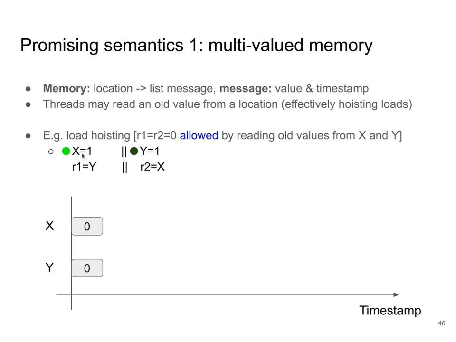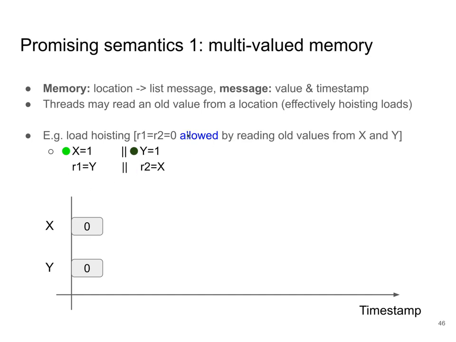So how is it possible? Note that this is impossible in sequentially consistent semantics, because either x equals 1 or y equals 1 should be executed first, and if so, then r2 or r1 should be 1.